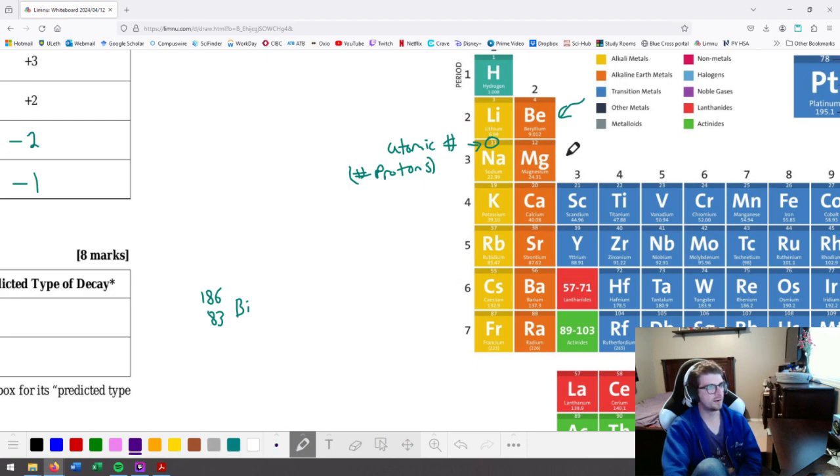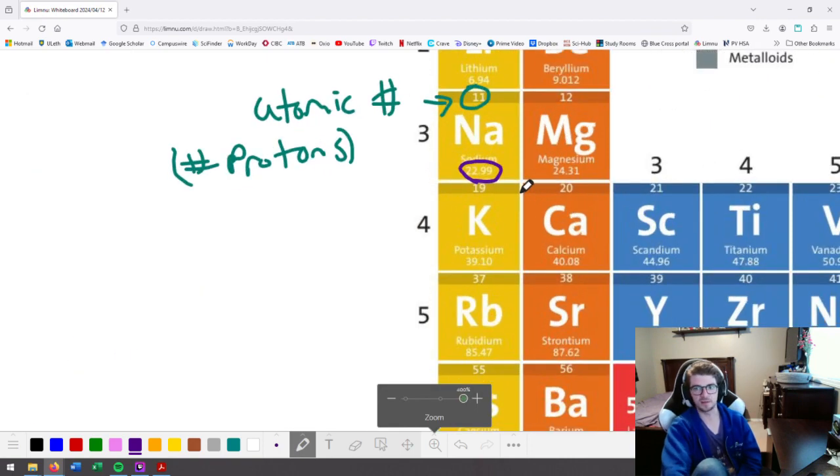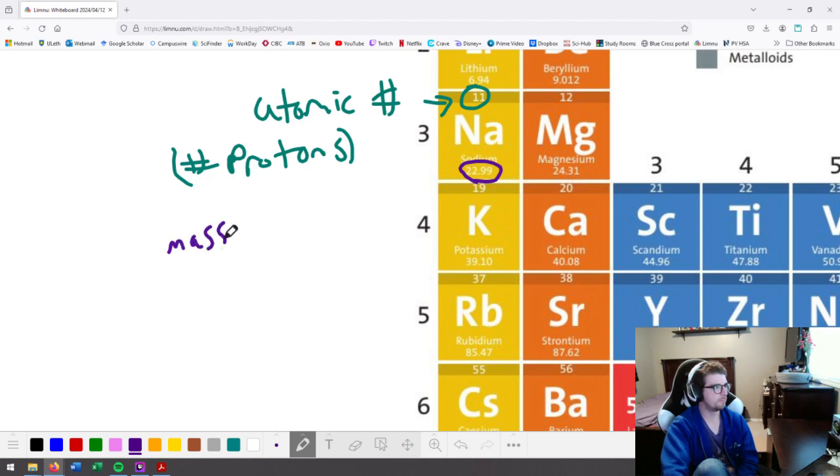And then we have this down here. So I'll get closer so you can see. So this 22.99, this is the mass number of sodium.